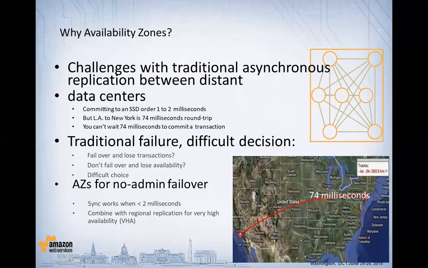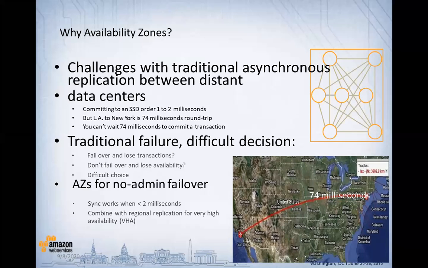Why availability zones? Why do we have so many availability zones in Amazon Web Services? The challenges with traditional asynchronous replication between distant data centers, committing to SSD order 1 to 2 milliseconds, traditional failure, difficult decisions. We know that traditionally there were more failures.